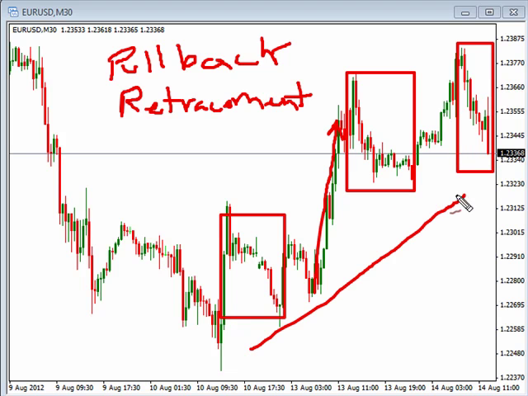So if the trend is up, we're getting these retracements or pullbacks towards those areas of support and looking for a move back up.